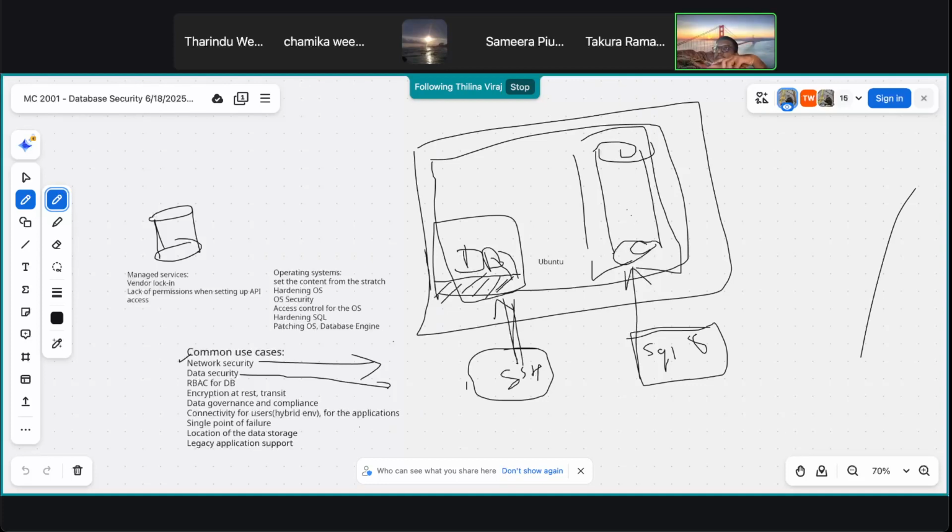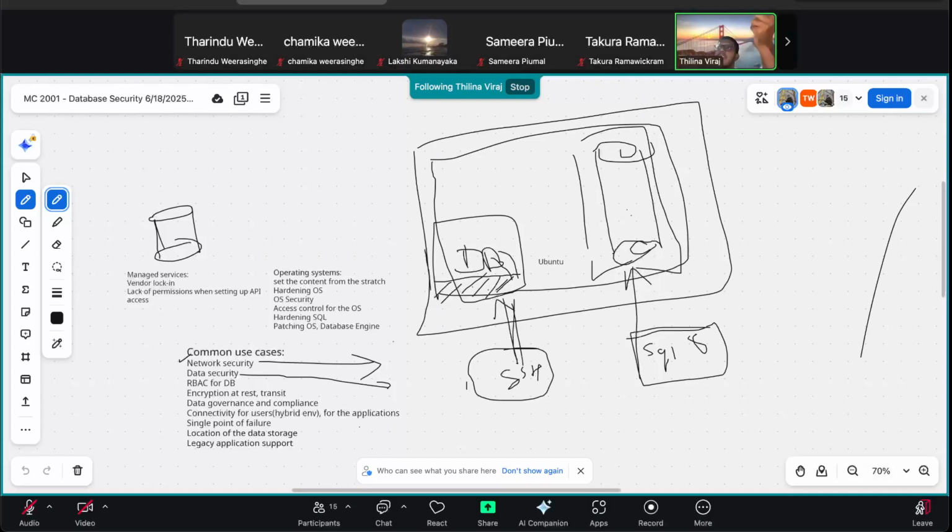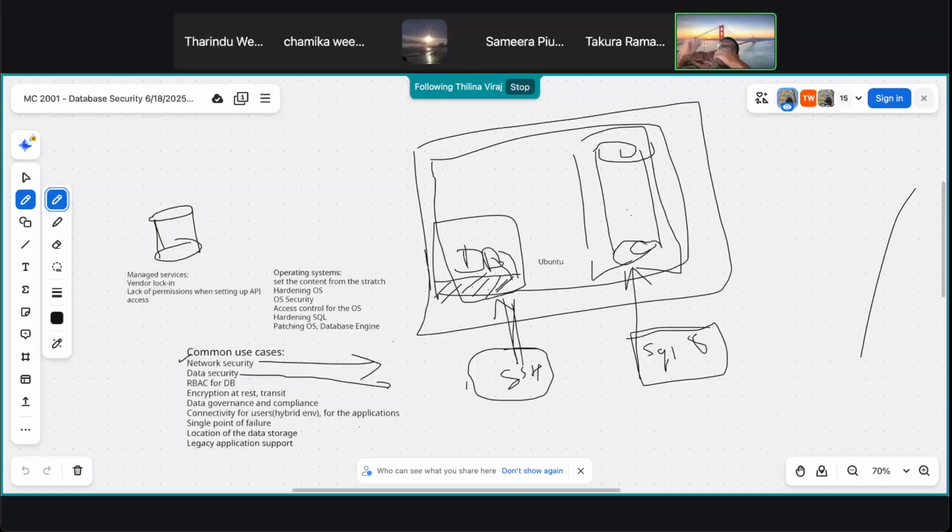On the data security. But what do you mean by the data security itself? I do understand that encryption in transit or at rest or whatever will again be a subset of the data security. But what do you mean by the data security?